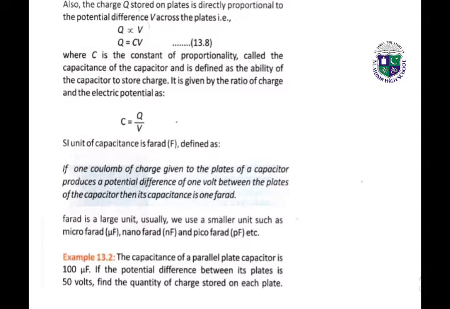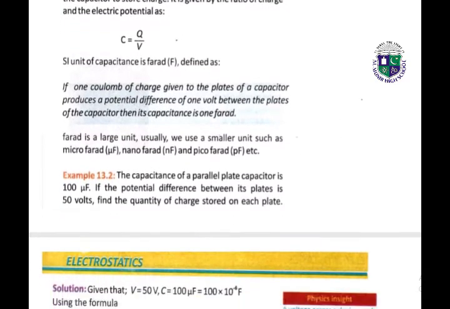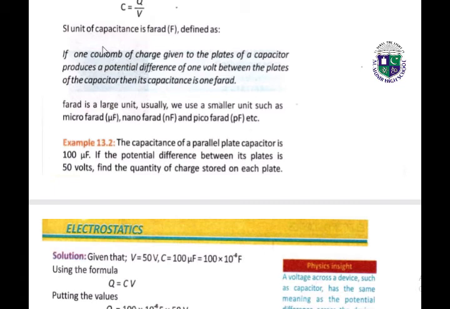So students, in this blue box we have the definition of farad. If 1 coulomb of charge given to the plates of a capacitor produces a potential difference of 1 volt between the plates of the capacitor, then its capacitance is 1 farad. So it is the definition of 1 farad.